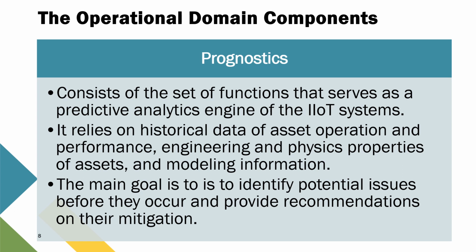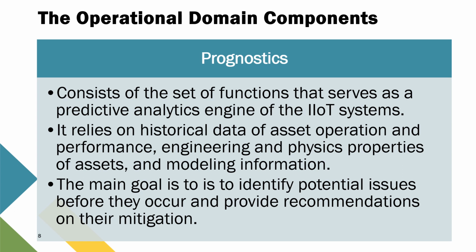Okay, so it relies on historical data of asset operation. So meaning that they will take what we call the record of downtime, the previous problems that the asset went through in its operation, and how is the performance of that asset, engineering and physical properties of the asset, and modeling information.